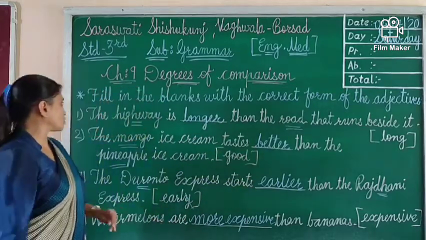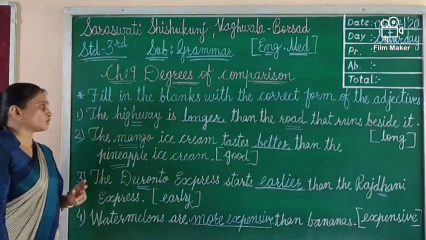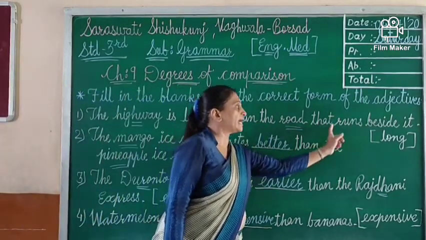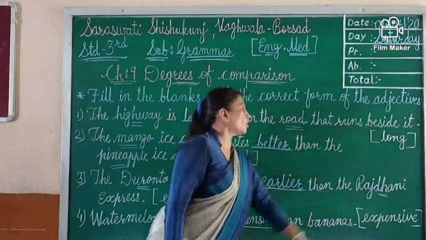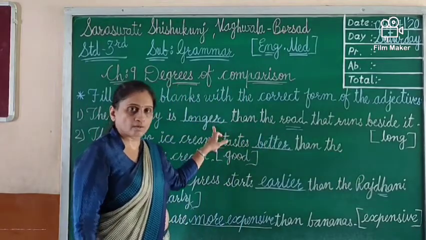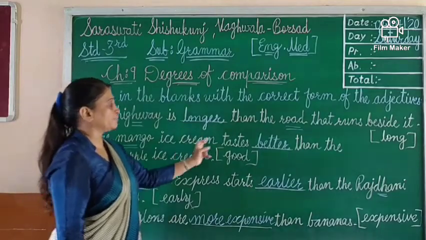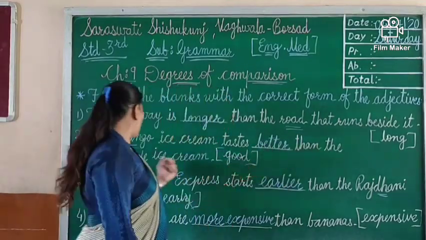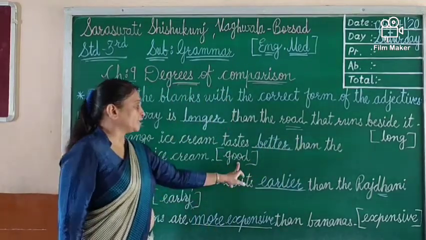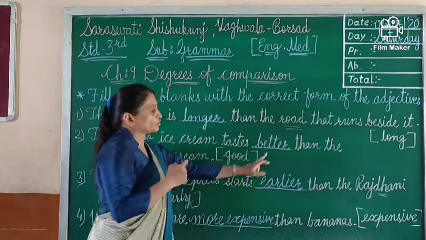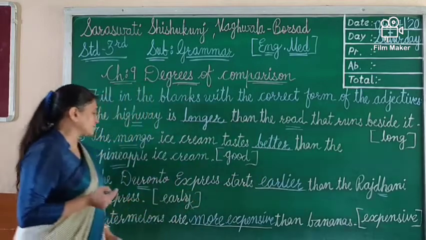So these are the different options. I have to repeat again. You can see the highway is longer than the road that runs beside it. So here long, add ER, longer. This is the first rule. The second rule: the mango ice cream tastes better than the pineapple ice cream. Here the answer changes totally, good to better.